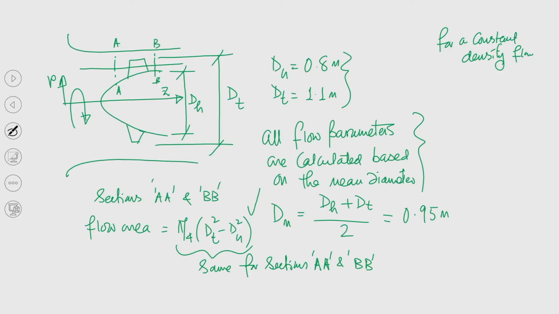So, basically you can see, Q at section A will be equal to Q at section BB, right. So, we have learned it, that is the very generic form of the mass conservation.